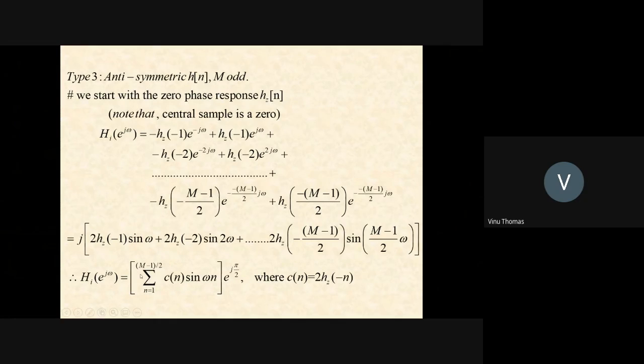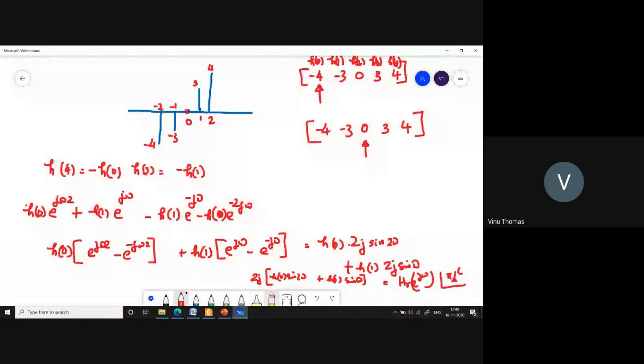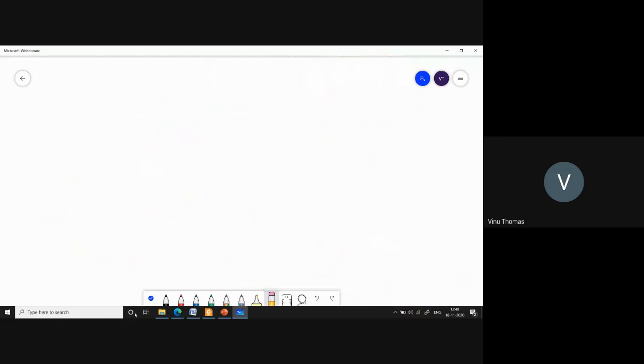So which means you have a part that is totally real. So this part is totally real, and this real part is multiplied by j. So you have a zero phase frequency response, as will be shown on the whiteboard now. The zero phase response may be represented like this.